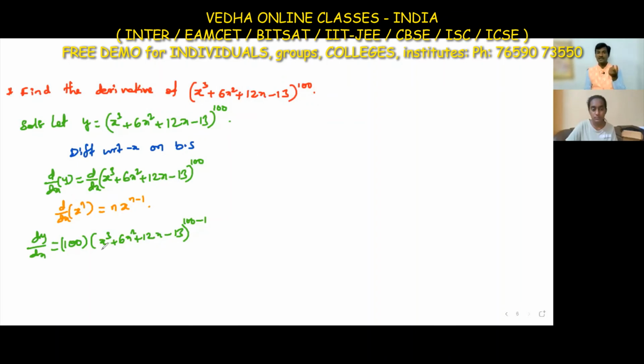But the thing is, in place of x, we have some other function. Whenever we have some other function in place of x, we differentiate that function again. Internal derivative, chain rule. So now d by dx of x cube plus 6x square plus 12x minus 13, we differentiate that function once again.